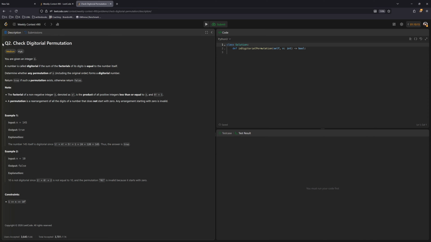All right. Any permutation of n. All right. 1, 0 is not equal to 10. Oh, interesting.